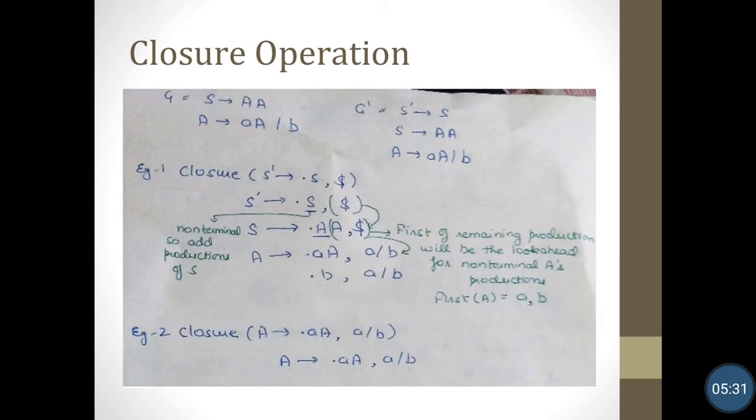We have non-terminal s after the dot, so we will add production rule of s with this item set. In the production rule of s, we use a. After dot, we have again non-terminal a. Then we will add production rule of a.